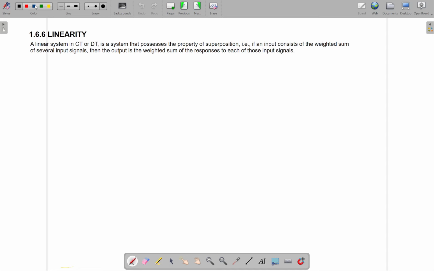So in superposition, we have two properties.